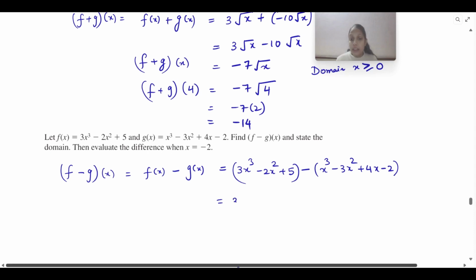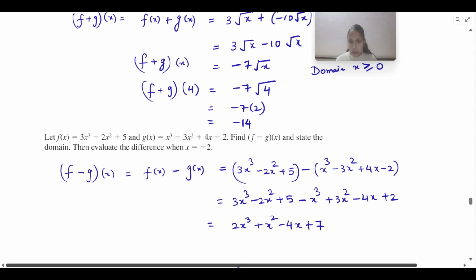Open the brackets: 3x cubed minus 2x squared plus 5 minus x cubed plus 3x squared minus 4x plus 2. You can combine the x cubed terms, combine the x squared terms, combine the terms of only x, and then constant terms. I'm getting this.